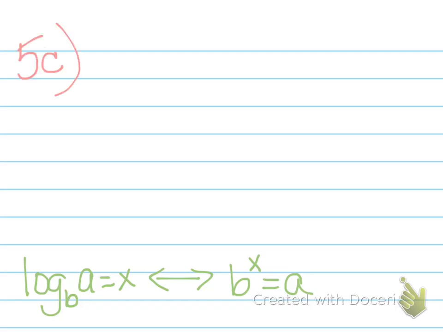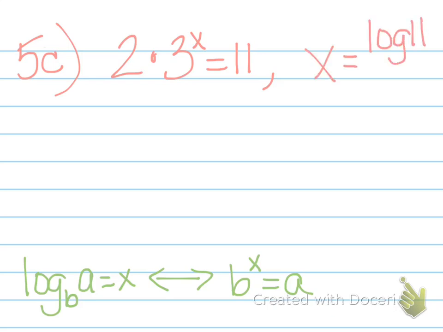So 5C, 2 times 3 to the x power equals 11. Then x equals log of 11 over 2 log 3. Now this also brings in a property, the change of base property.